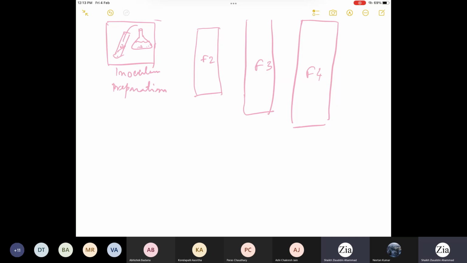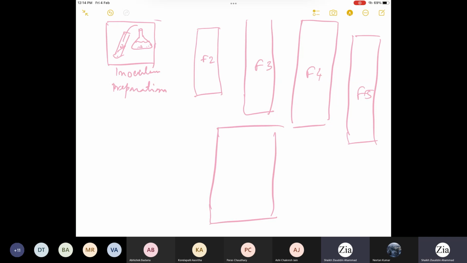And this way you have one more fermenter, that is F5, and finally you have the industry scale fermenter.